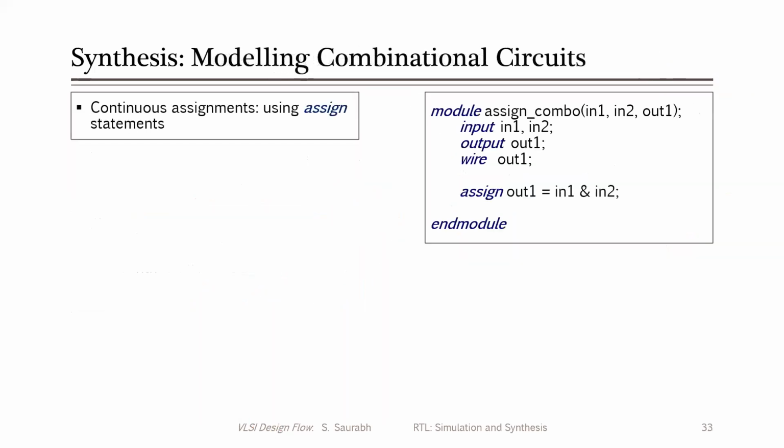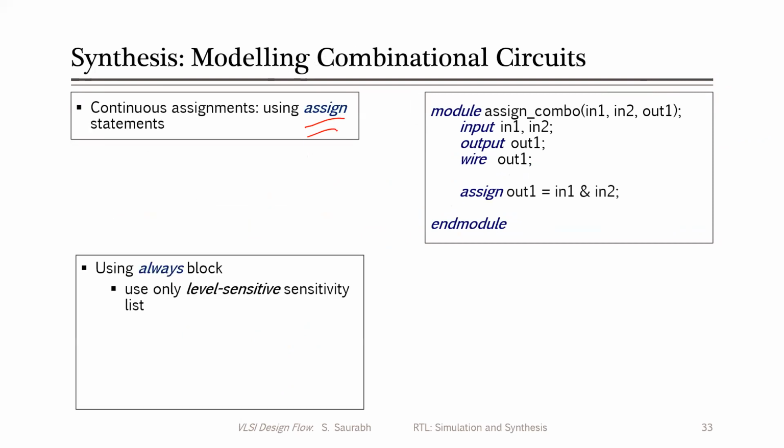Okay, so now how are these continuous assign statements synthesized? They will be synthesized to a combinational circuit. For example, if you write out1 is equal to in1 and in2, you will have a circuit like this: in1, in2. Okay.